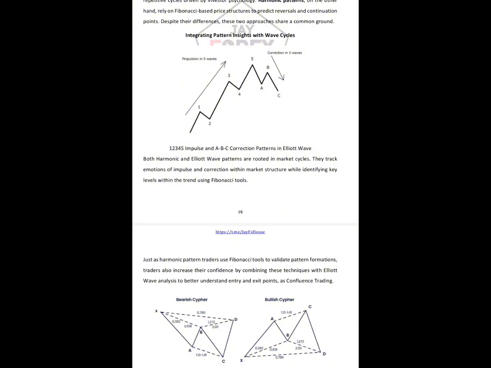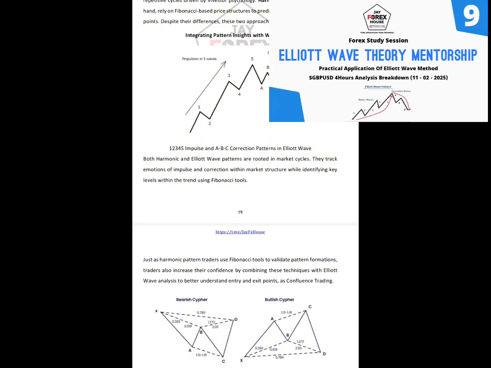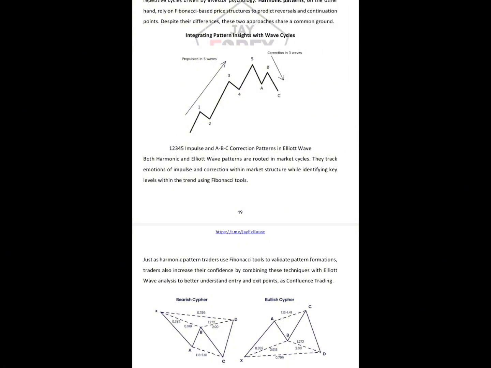We already did that mentorship around December to January, and you can easily get access to that recording right now, from episode 1 to episode 9, before we formally start the harmonic patterns, so you don't have to get confused. But harmonic patterns is a completely different method of trading.